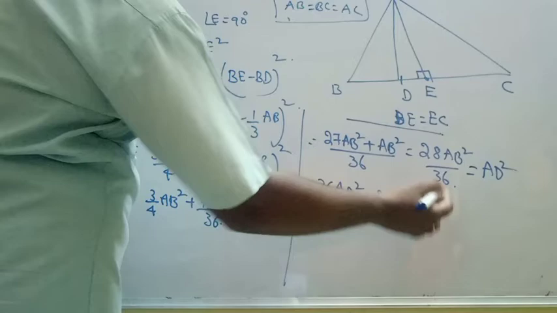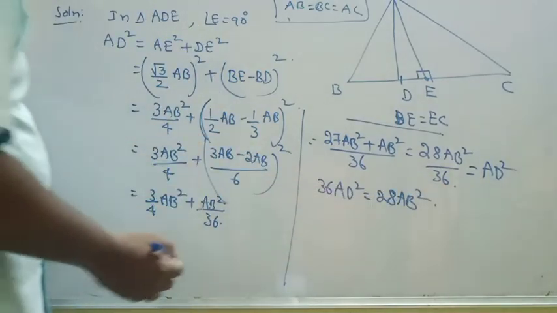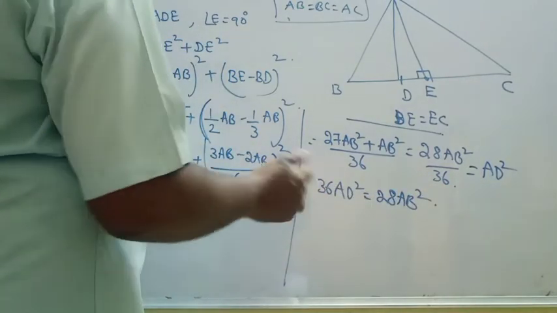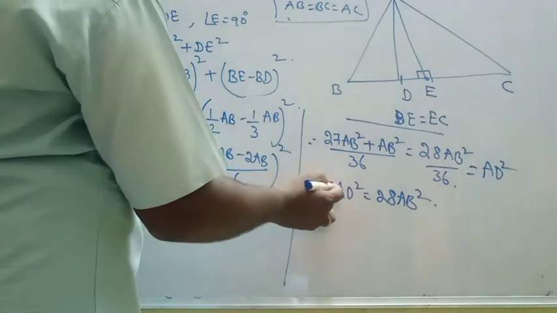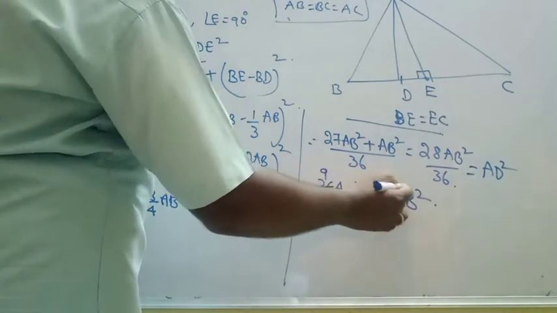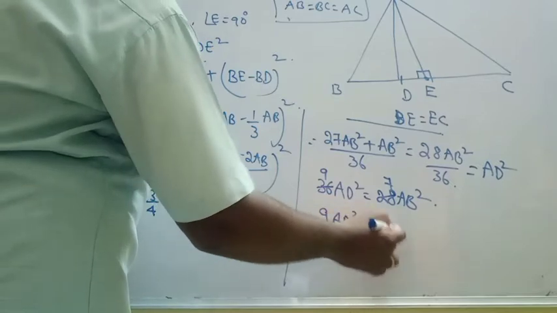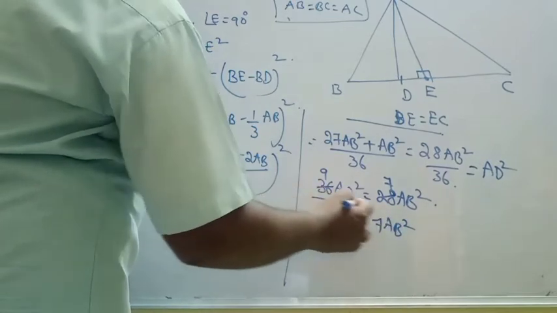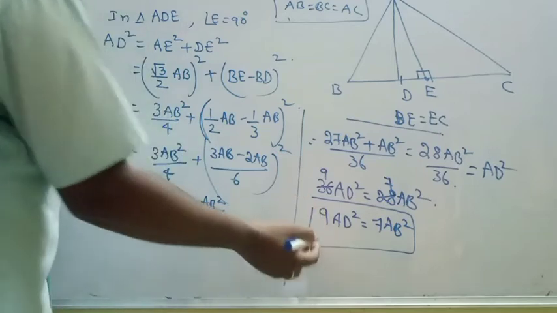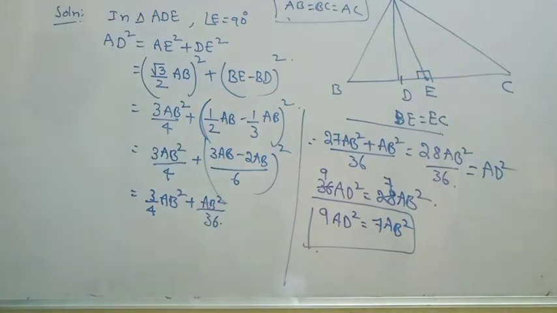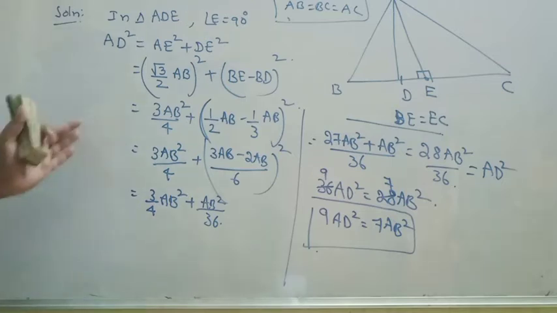We can cancel nicely: 4 nines are 36, 4 sevens are 28. Therefore, 9 AD square is equal to 7 AB square. In this beautiful way, we get the answer to this particular problem.